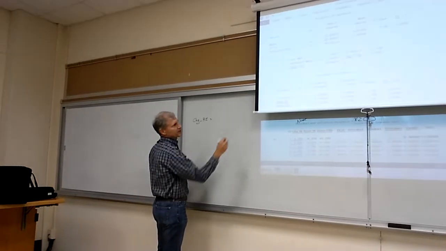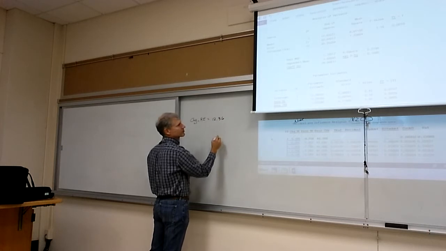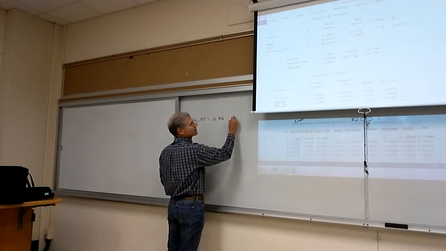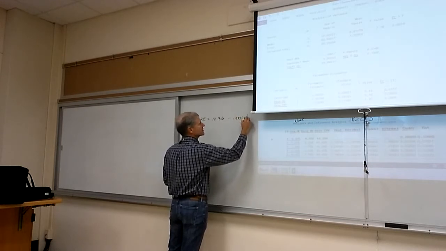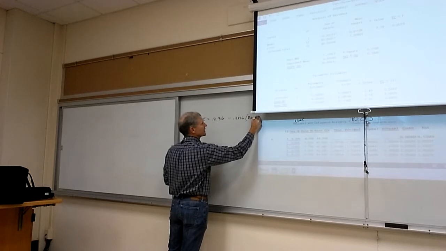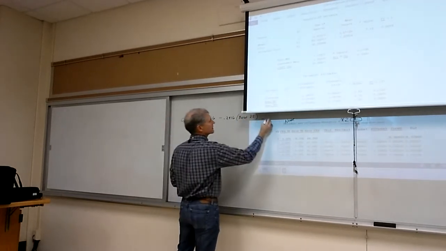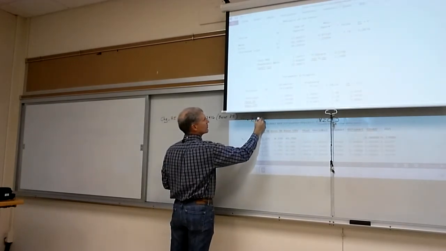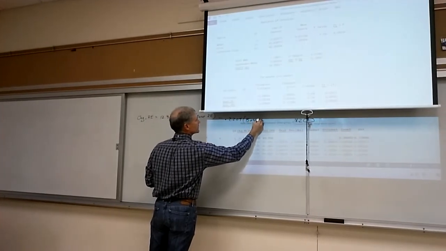So the change in refractive error is equal to, we have an intercept of 12.36. I'm not going to write all the decimals here, and then minus 0.2916 times base refractive error, and then minus 0.2204 base curvature.